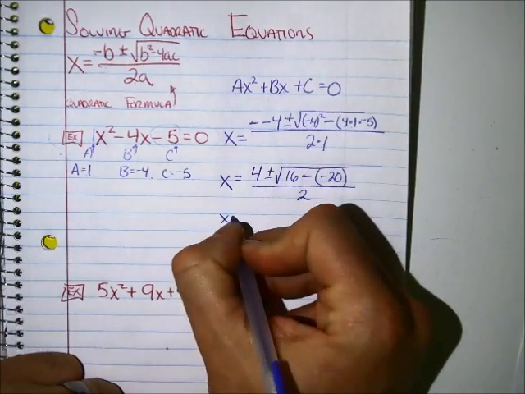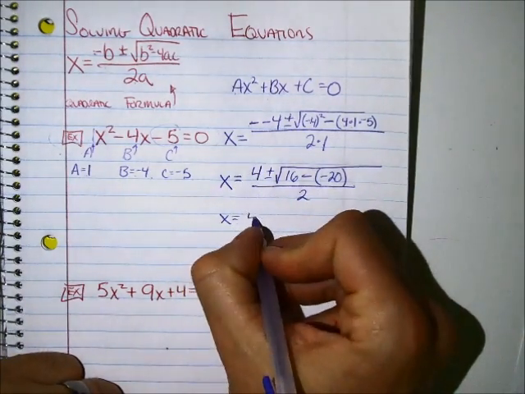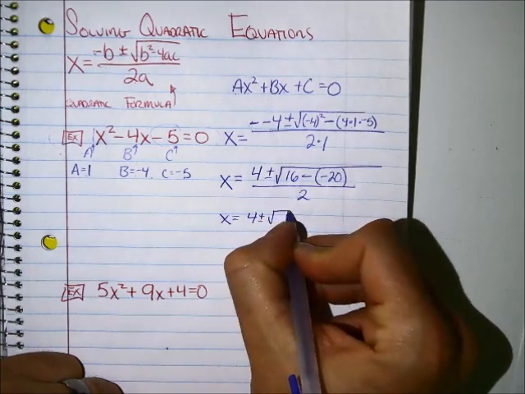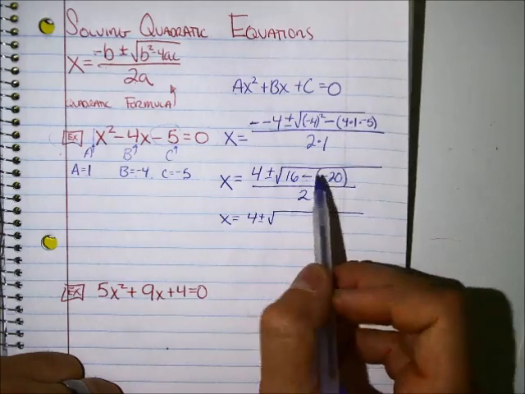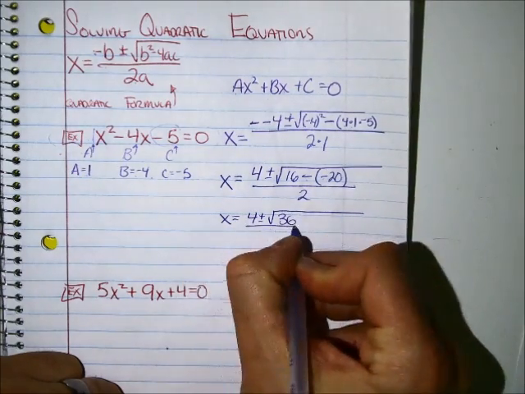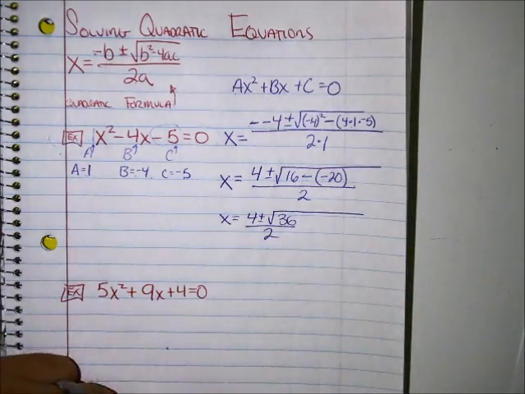Making progress. There's still 4 plus or minus the square root of 16 minus negative 20. When you minus and minus, that's plus. That makes 36 over 2.